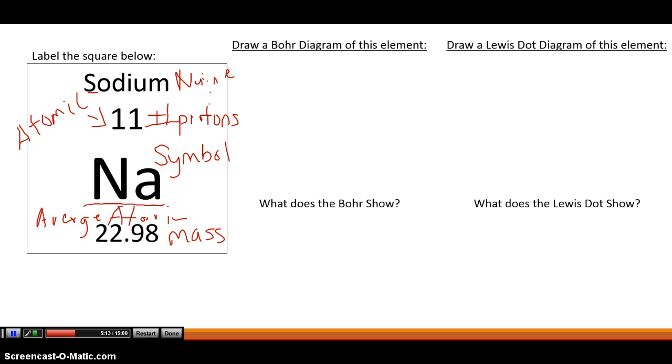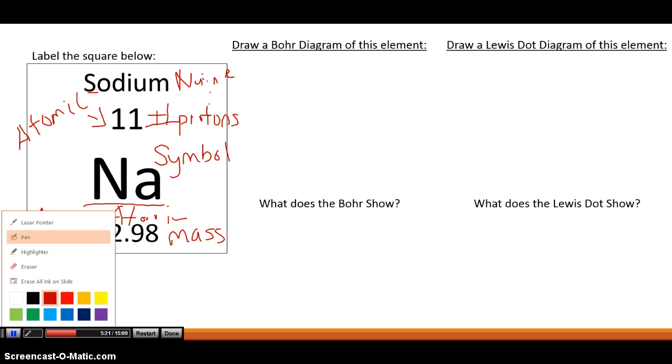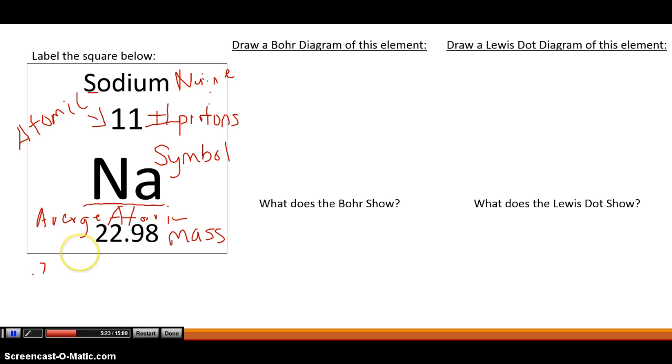So the average mass is those two put together. Let me fix that. So we've got protons plus neutrons equals the mass of the entire particle.